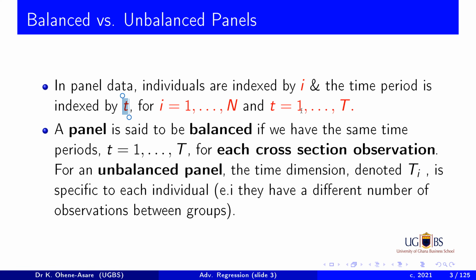That is a balanced panel. But in an unbalanced panel, there are 10 banks, but in 2001 there were 8, and in 2015 there were 12. They changed. One bank doesn't appear in all the time periods. This is where we say the data is unbalanced.